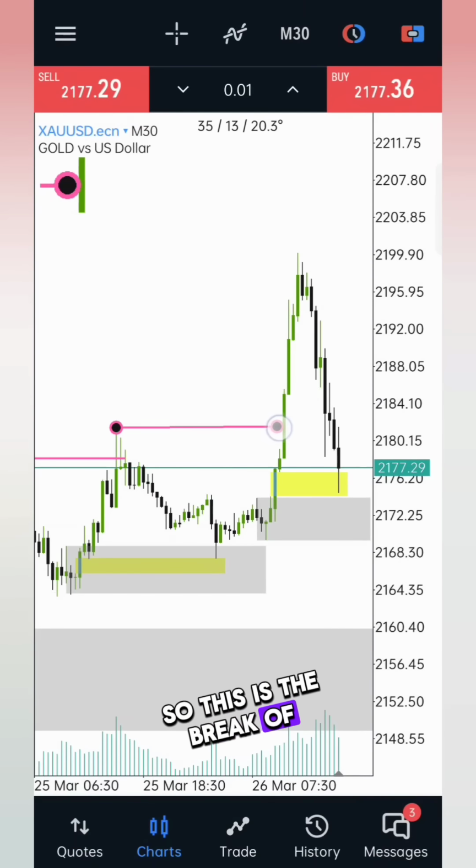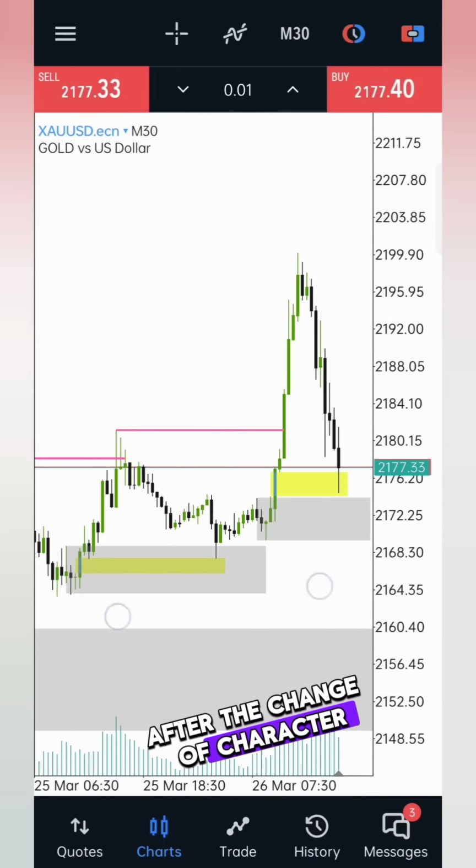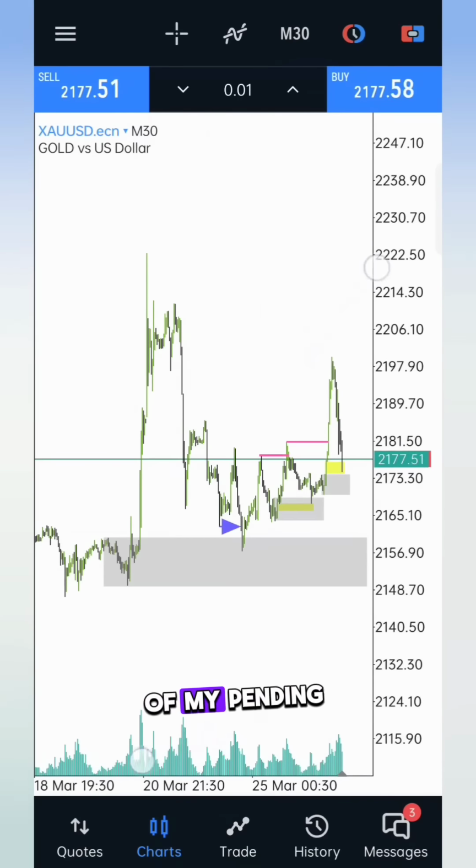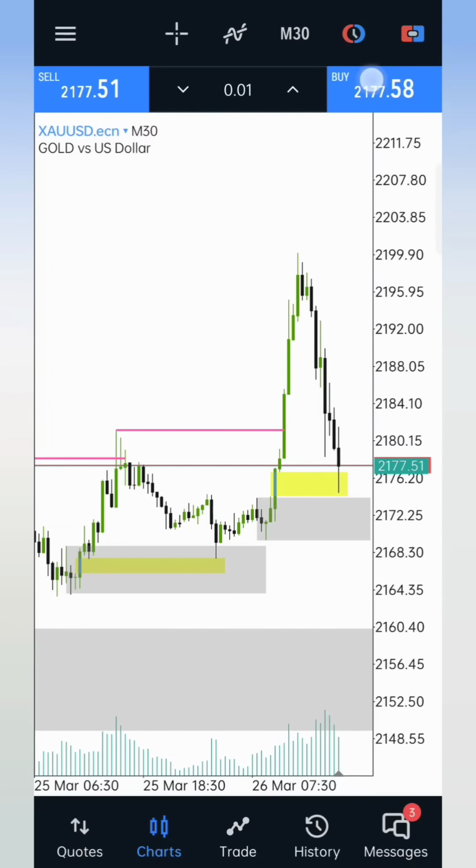So this is the break of structure after the change of character. As before, I've taken all of my pending orders from this imbalanced area.